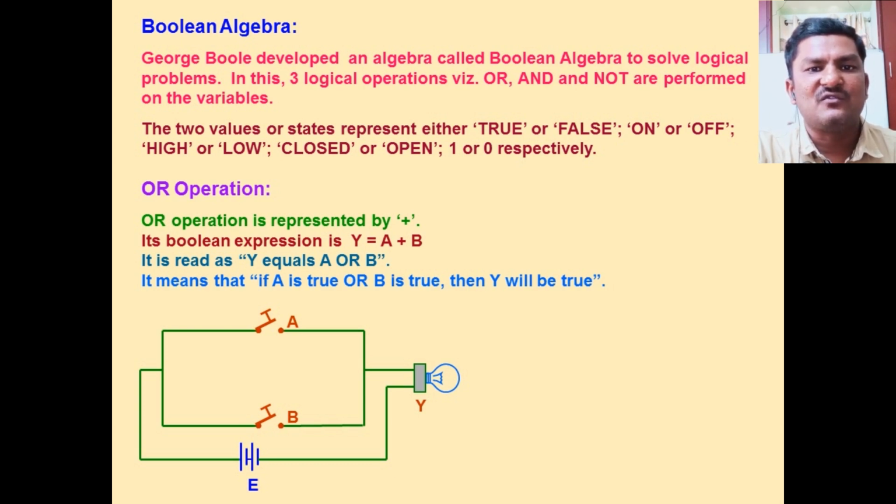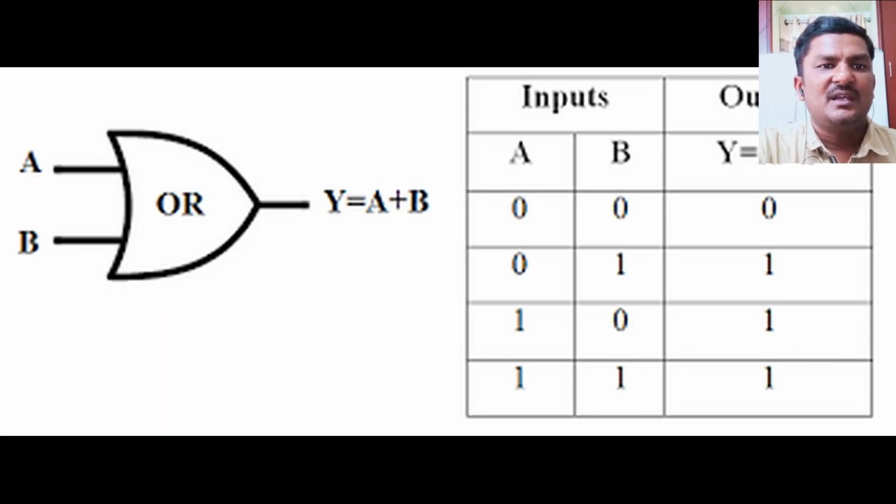Switch 1 gives the state of A, and switch 2 gives the value of B. If both the switches are open, there is no flow of electric current to the bulb.